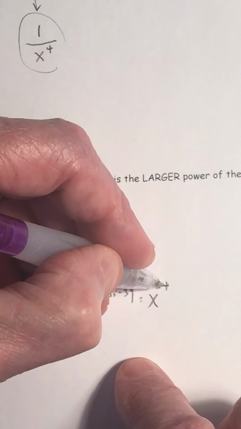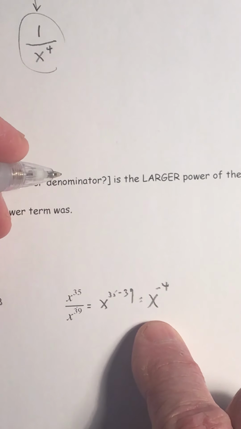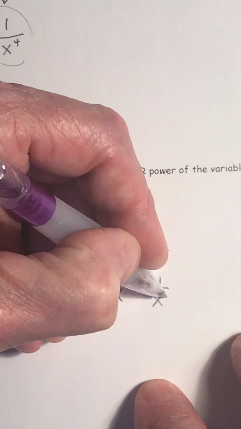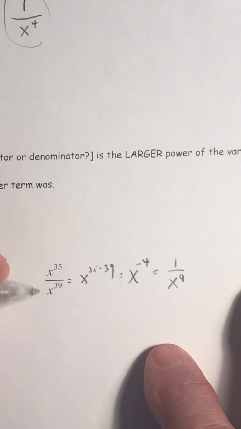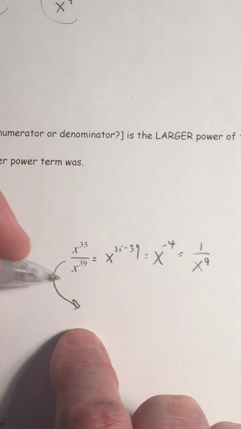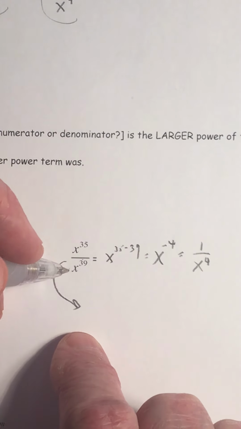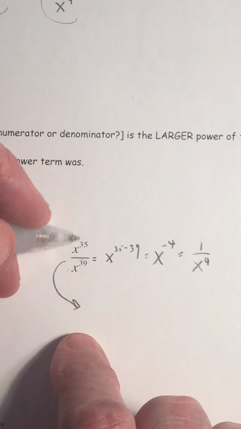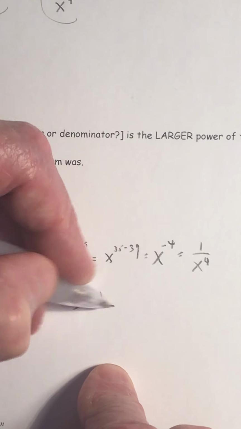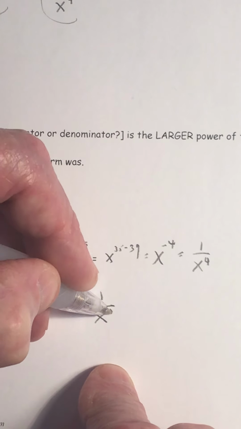The only thing is we don't like to have an answer with a negative exponent, so we would change this to 1 over x to the 4th. But wouldn't it have been more efficient to just look at this in the first place and say, hey, there's a lot more x's in the denominator than the numerator, so all the numerator's x's are going to cancel, but there'll be 4 of them left over downstairs.